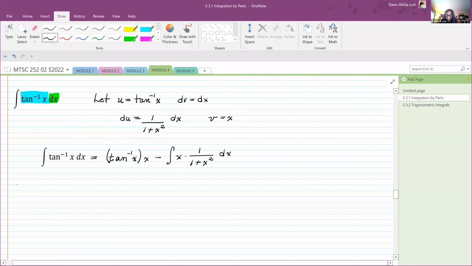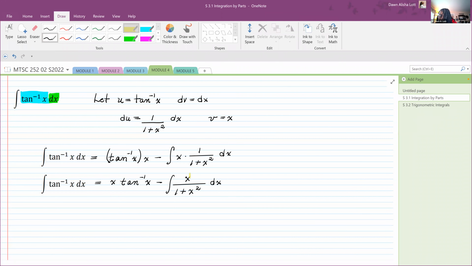So now I get the integral of the tan inverse of x is equal to x times the tan inverse of x minus the integral of x over 1 plus x squared dx.